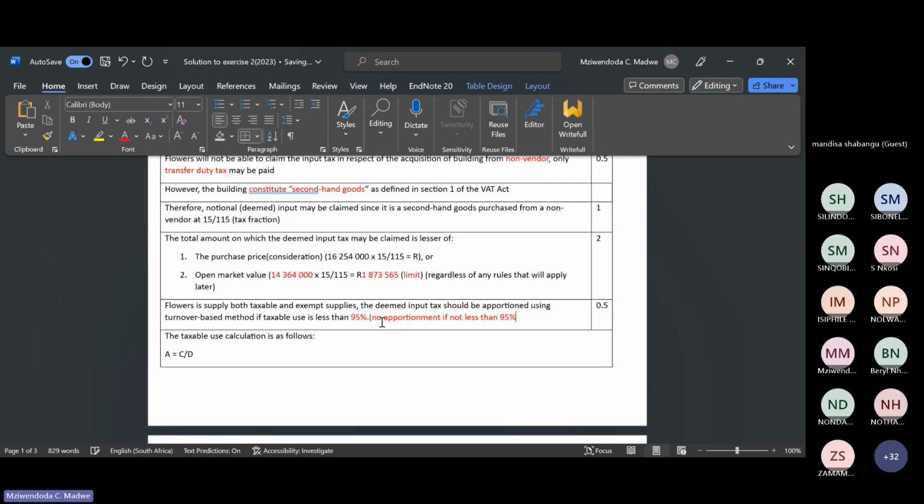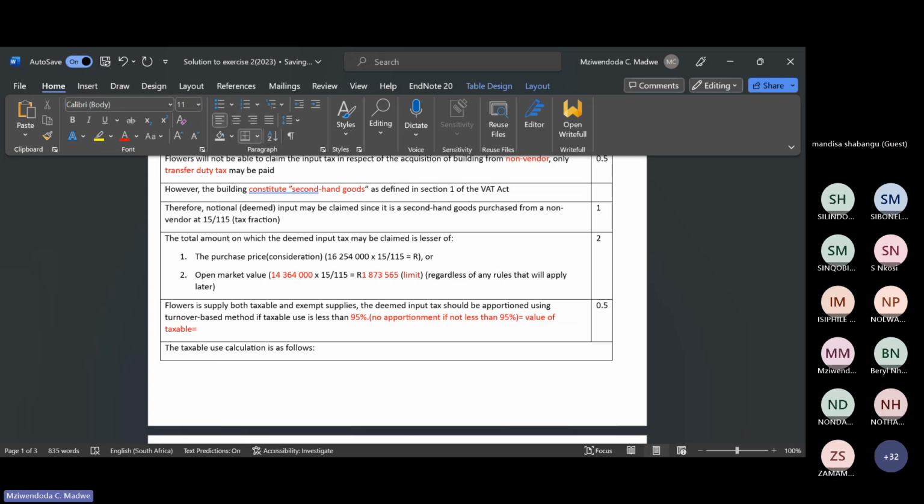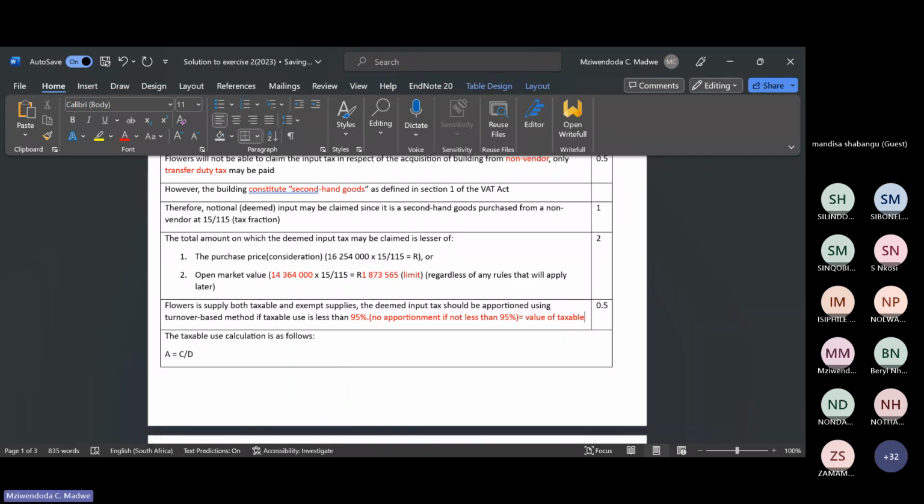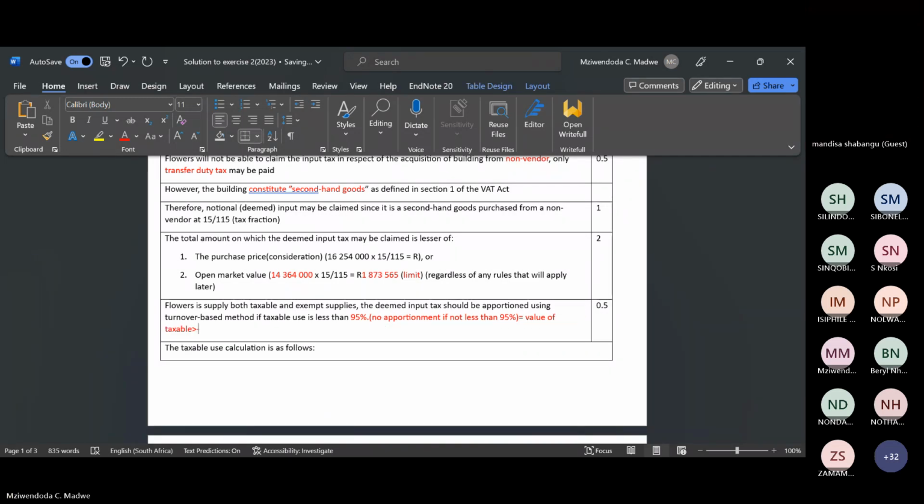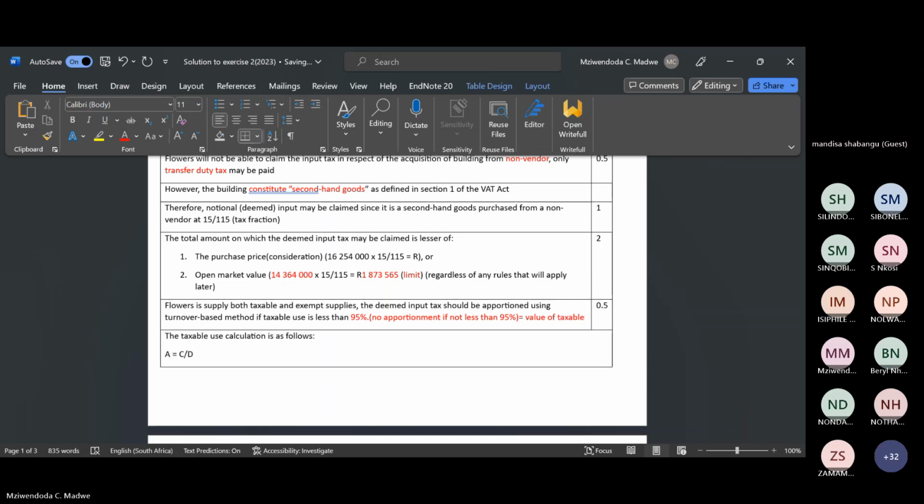So if the value of your taxable supply is not less than 95%, you will not apportion.